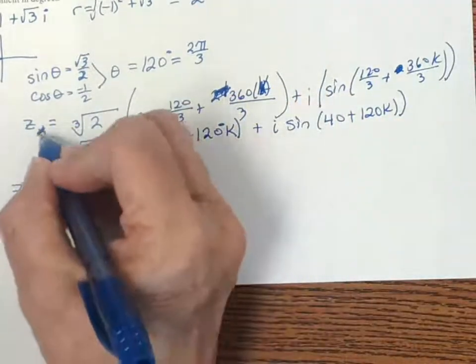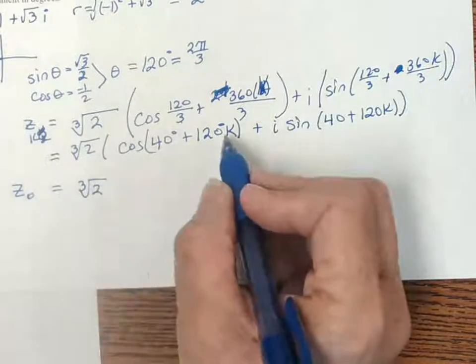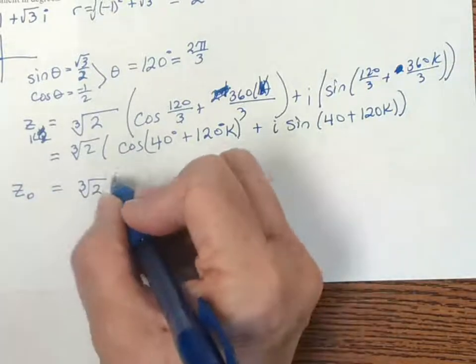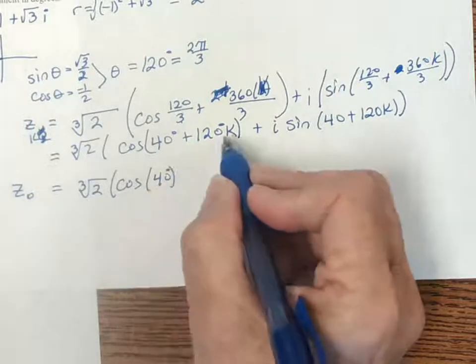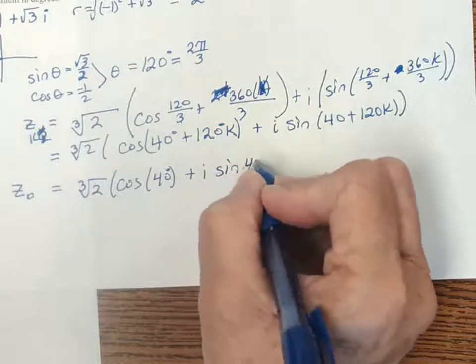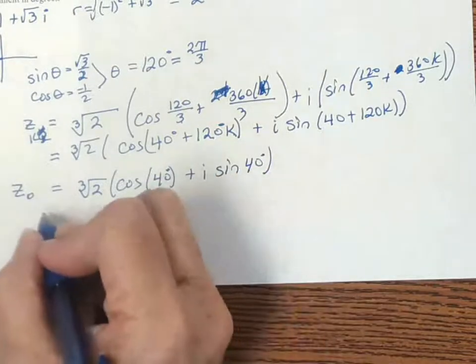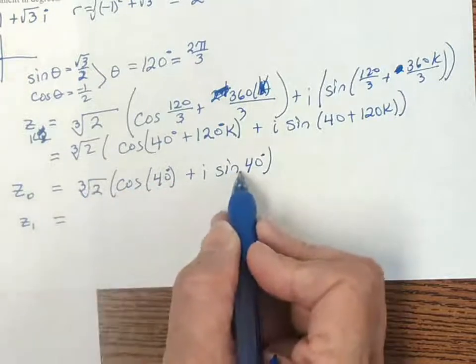This was generic right here. Here I'm choosing specific, so wherever there's a k, I'm putting a 0. So cosine, this is just going to be 40 degrees because 0 times 120 is 0, plus i sine of 40 degrees.